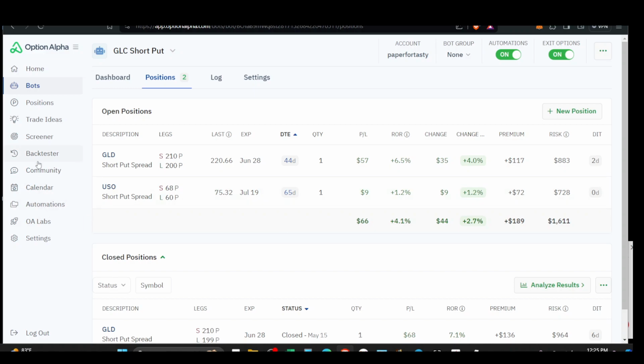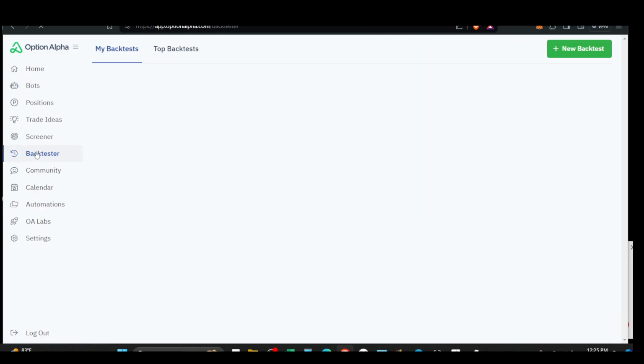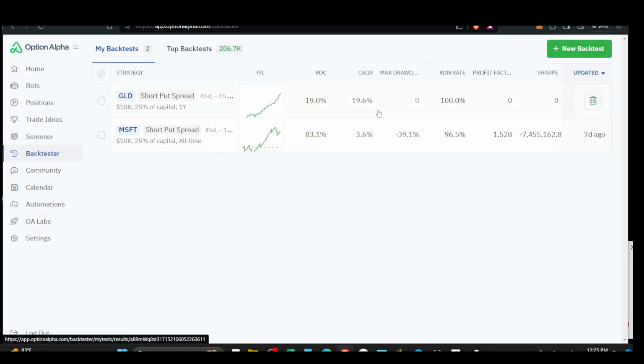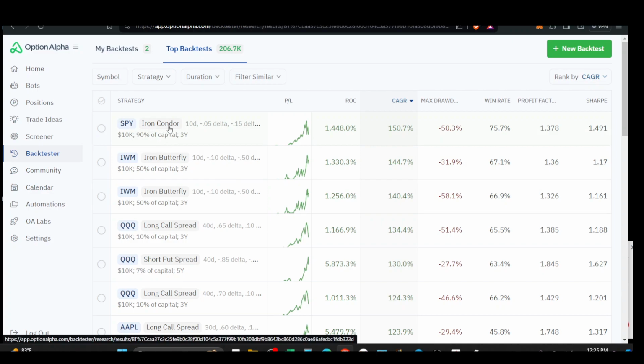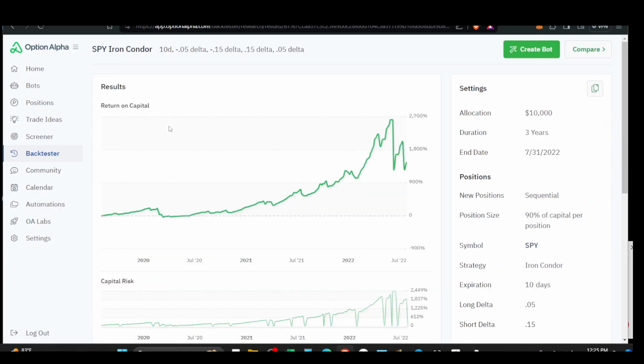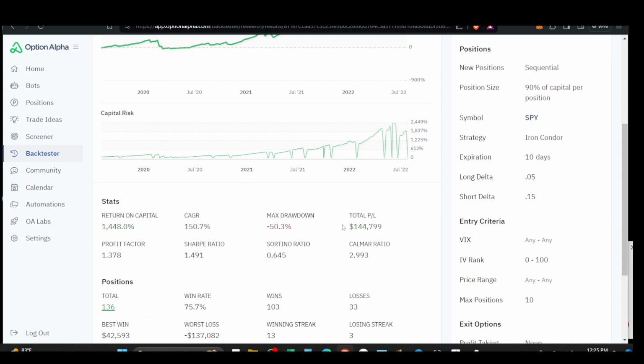I have to go to backtest as well. If you go to backtest, you can select from 260,000 backtests, and these are all templates already here. So you can look at SPY Condor, for example, a backtest for $10,000 in 3 years. The profit was from 10,000 to 144,000.